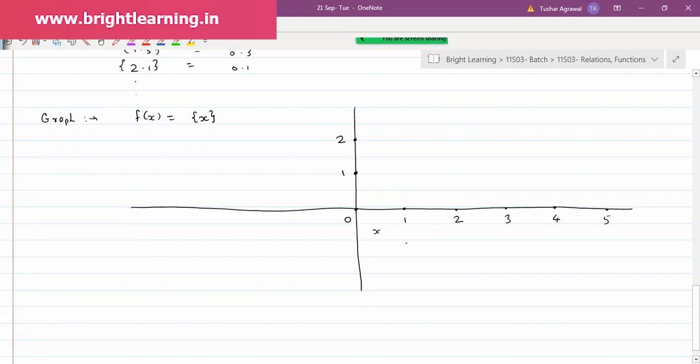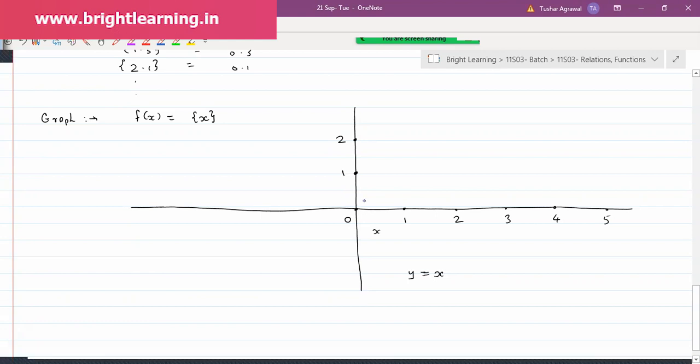Between 0 and 1, what is my image? My image y is actually equal to x only, because if x is 0.1, the image is 0.1 itself. X equal to 0.2, the image is 0.2, and so on. So the graph will be y equal to x, a straight line passing through the origin. At x equal to 0, the image is also 0.